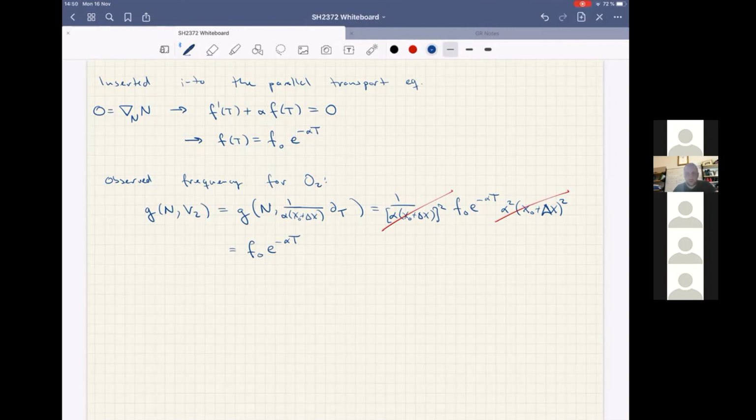Any questions on this solution? So what we know here is that this frequency f for the second observer is going to be related to the frequency that the original observer emitted. So f divided by f0 here is e to the minus alpha t.